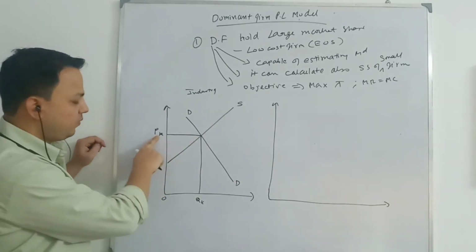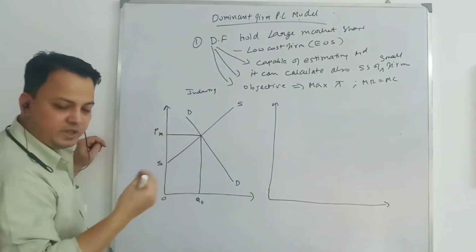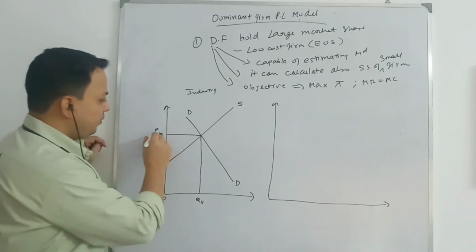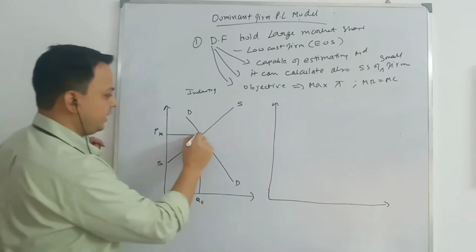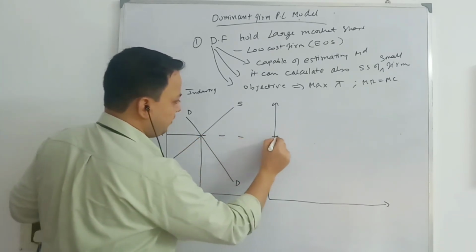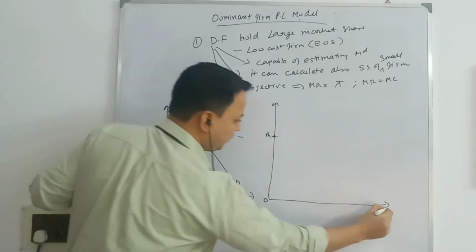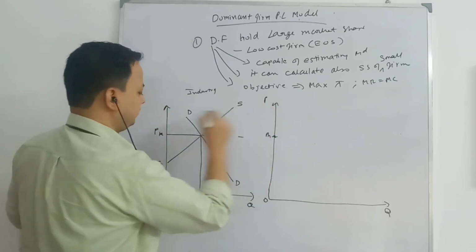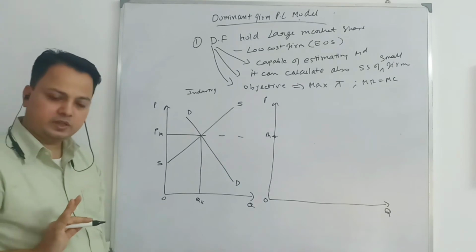If the dominant firm sets price PK, that means whatever be the demand in the market will be supplied by the small firms. If the dominant firm is setting this price, what will be the production of the dominant firm? 0, right? If we set price PK, output will be 0. So I get the intercept term. This will be my intercept. Okay?